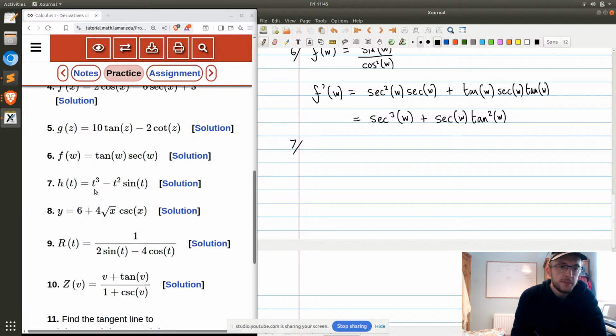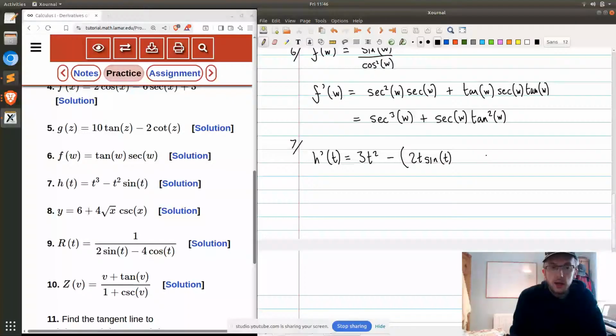Problem 7, term by term. So h prime of t is 3t squared. Then the product rule is applied to t squared times sine of t. So I'll do a big minus sign here. Differentiate the first one. Leave the second one alone.